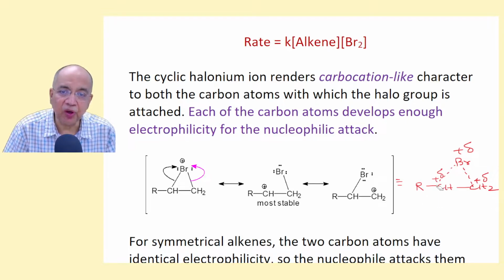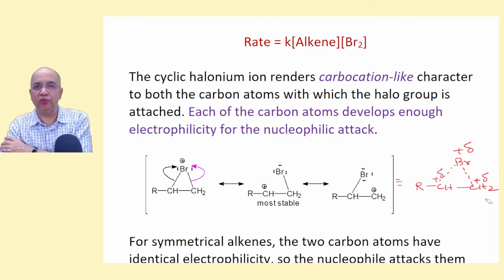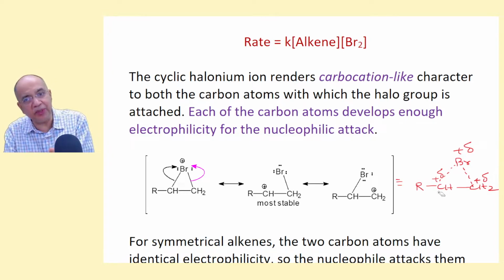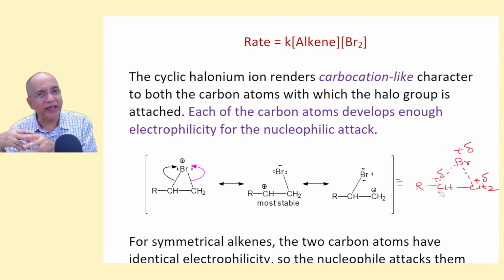So you will always get a racemic mixture, right? But ultimately the dibromide will be formed. Maybe the bromide ion will attack this carbon to a greater extent, but ultimately the product will be the dibromide.